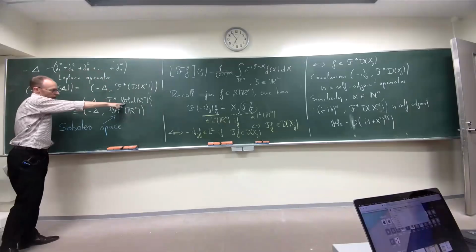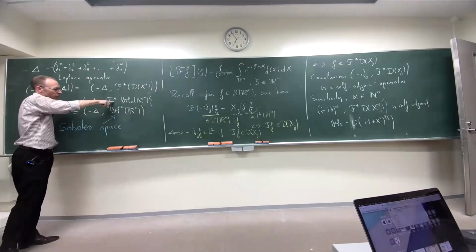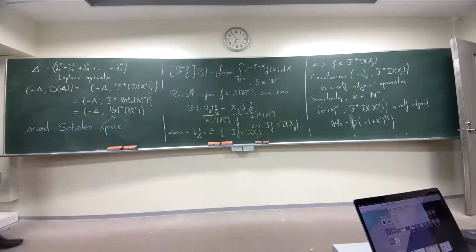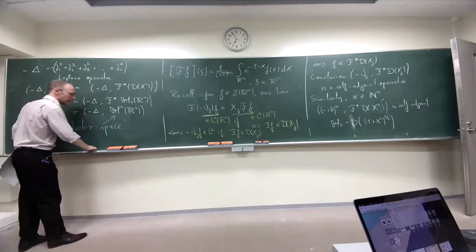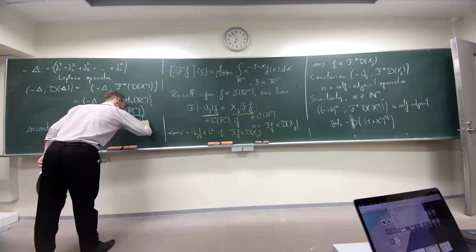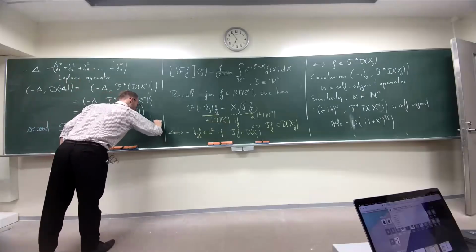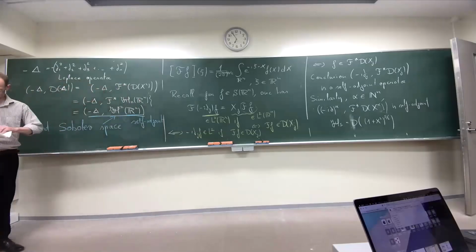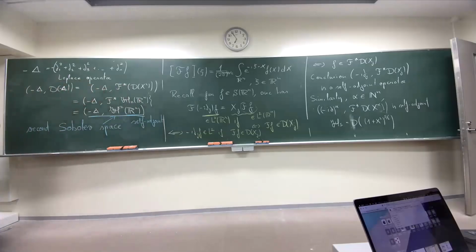And it is what I call H2, and the Fourier transform of this space is what people call the Sobolev space. So this is, again, a self-adjoint operator. Any question? So we have seen multiplication operators and differential operators.